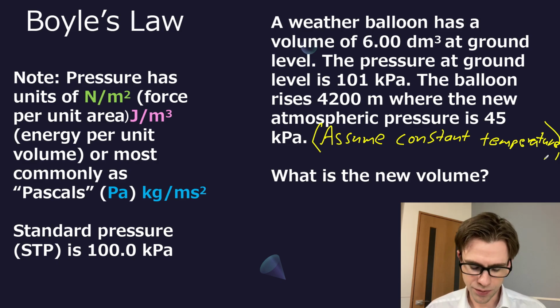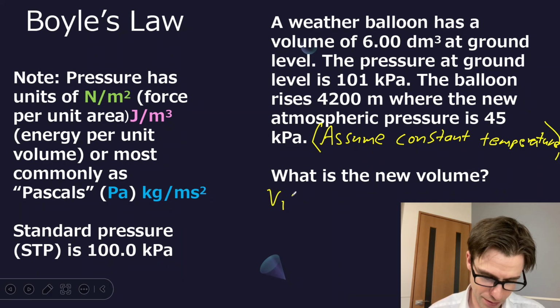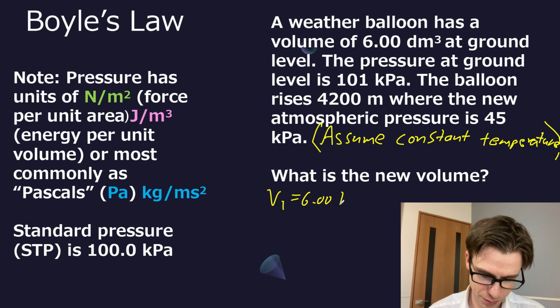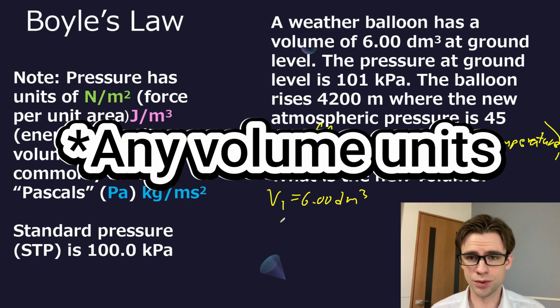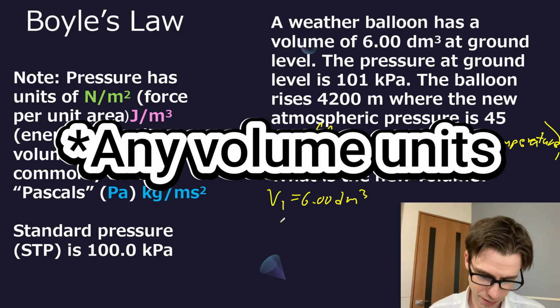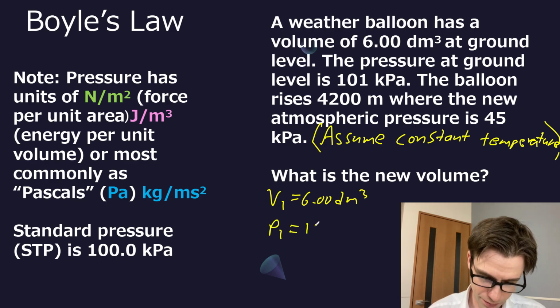So what's the new volume then? We're going to use Boyle's law. What we have is initial volume, V1, 6.00 decimeters cubed. This can be done with any volume, but whatever you put into this equation is what you will get out, so just be aware of that. What else do we have? We have the initial pressure, P1, 101 kilopascals.